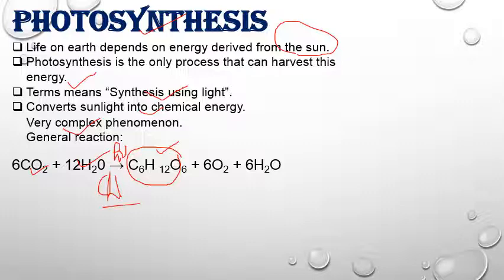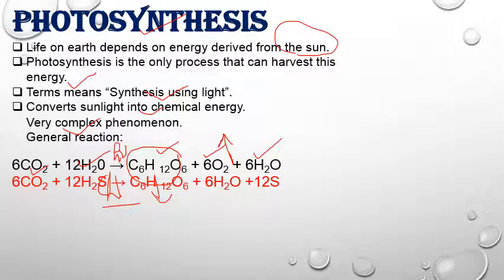So these are the two requirements for this reaction, and the byproducts in addition to glucose, very importantly, are oxygen, which is evolved during this process, and water molecules. So these are the products of photosynthesis, and this form is utilized by all the rest of the organisms directly or indirectly for all their activities.